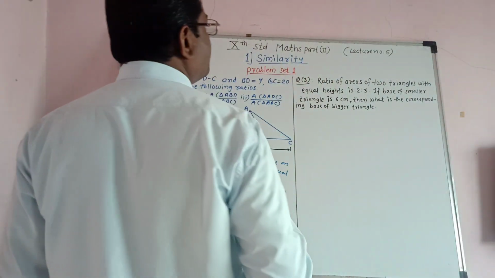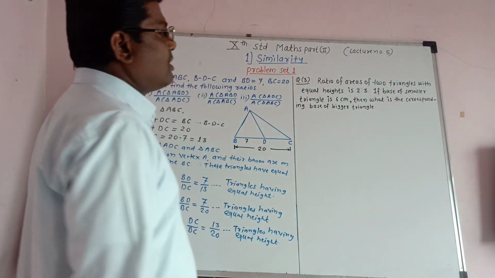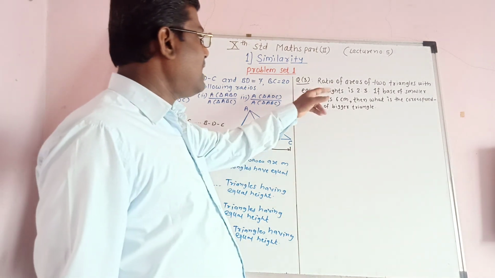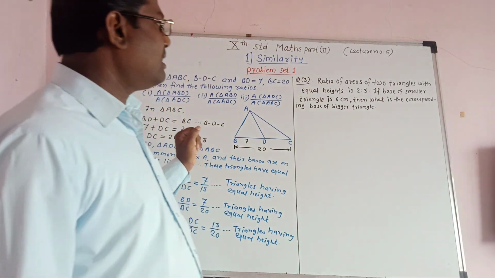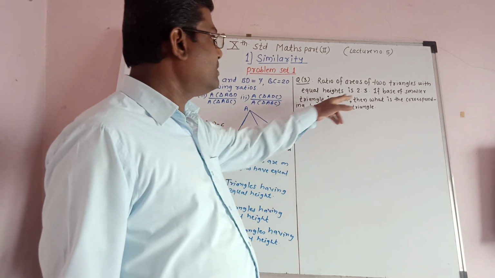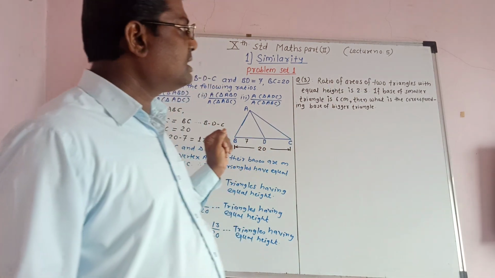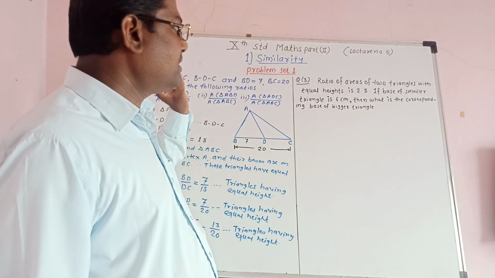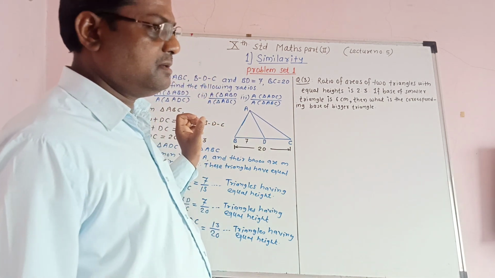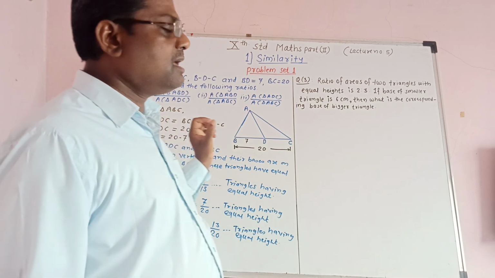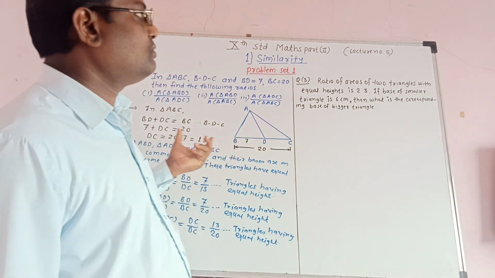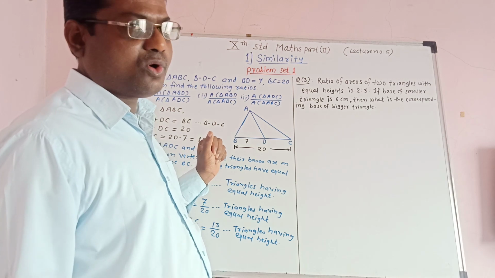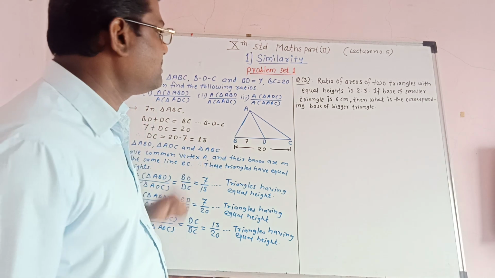Now here are two triangles, smaller triangle and bigger triangle, and their ratio of areas is given 2:3, and both the triangles have equal heights. Then we know that the ratio of areas of two triangles with equal heights is equal to the ratio of their corresponding bases.